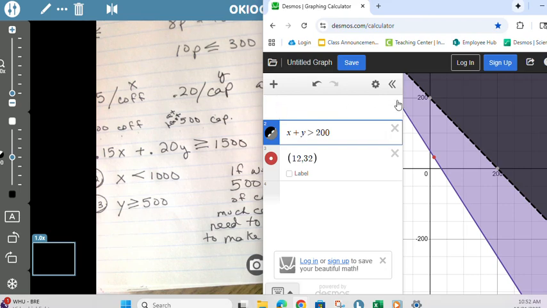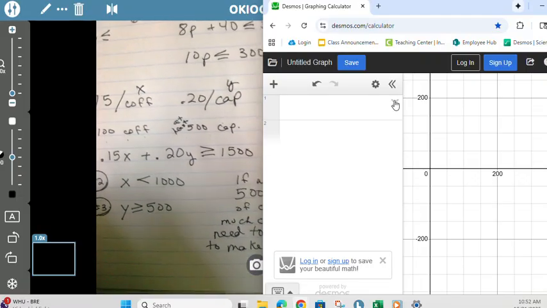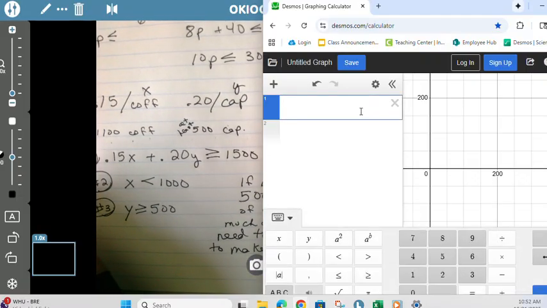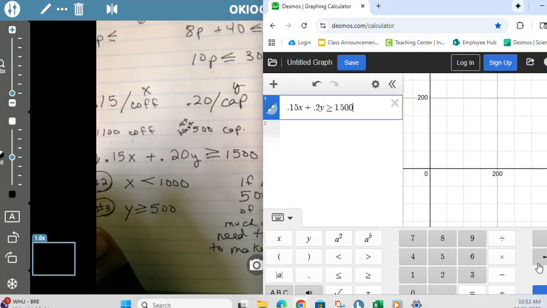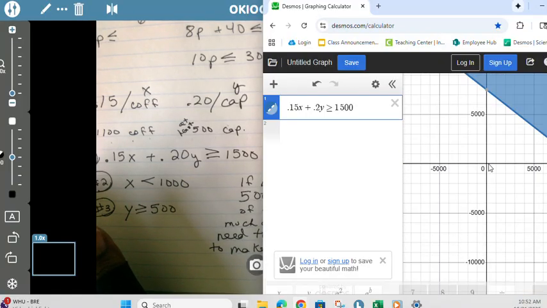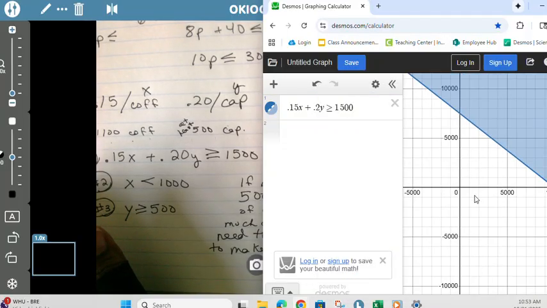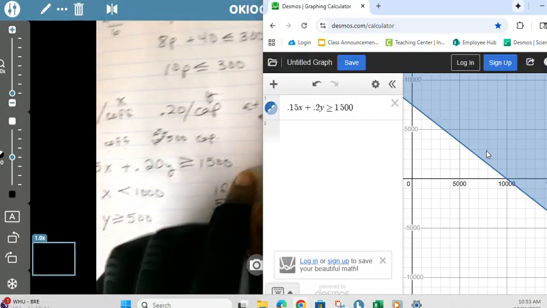Alright, so the inequality that we are going to put into this one is 0.15x plus 0.20y has to be greater than or equal to 1500. Alright, so now anything in the shaded region will work.